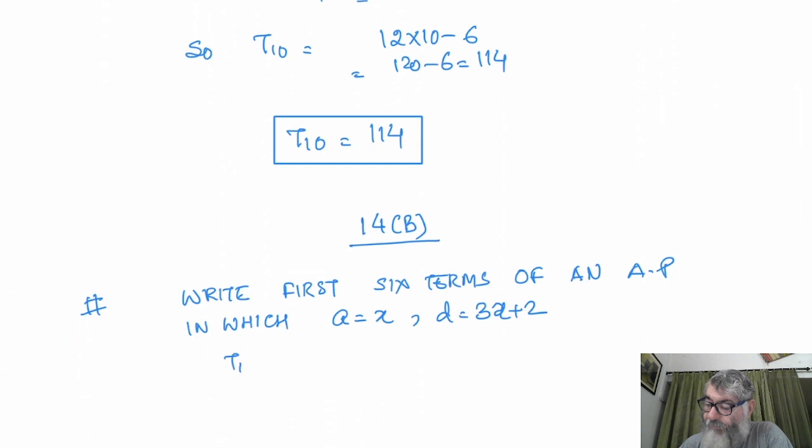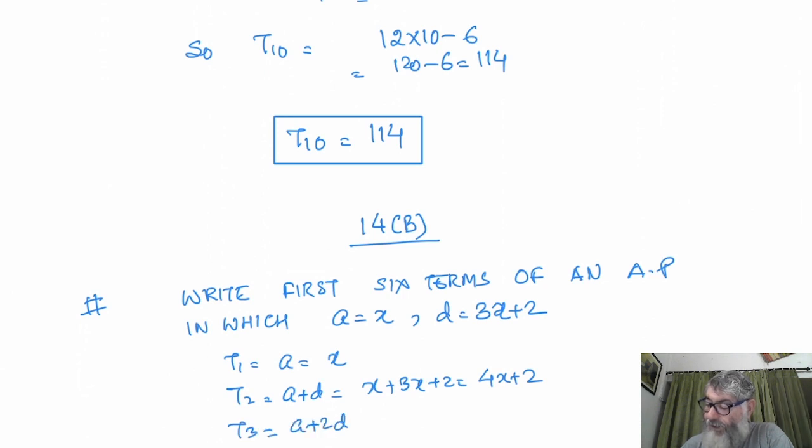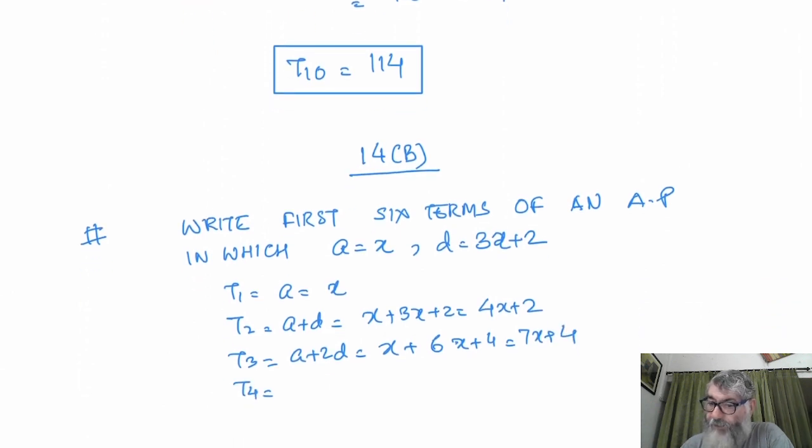So obviously T1 will be A, which is x. T2 will be A plus D, that is x plus 3x plus 2, that is 4x plus 2. T3 is A plus 2D, that is 7x plus 4. T4 will be A plus 3D, that is x plus 9x plus 6, that is 10x plus 6.